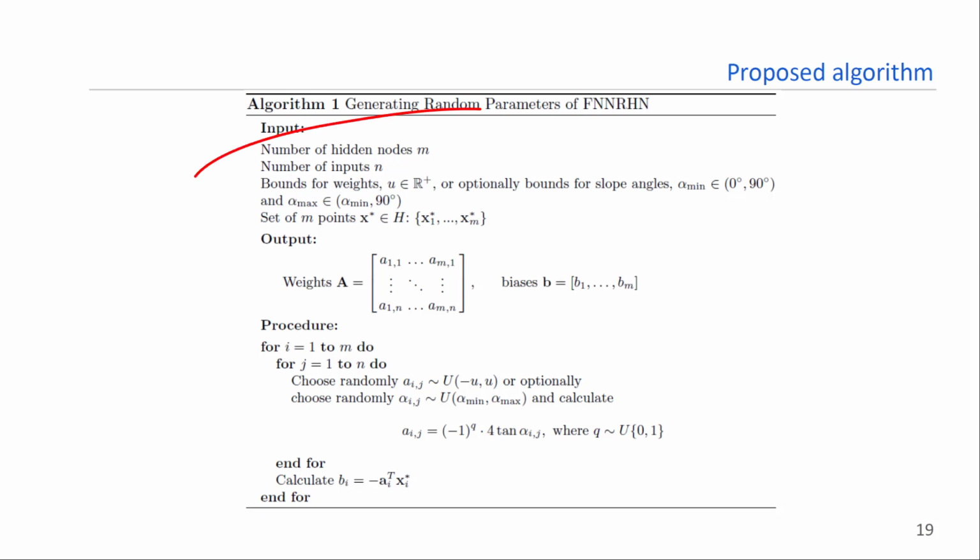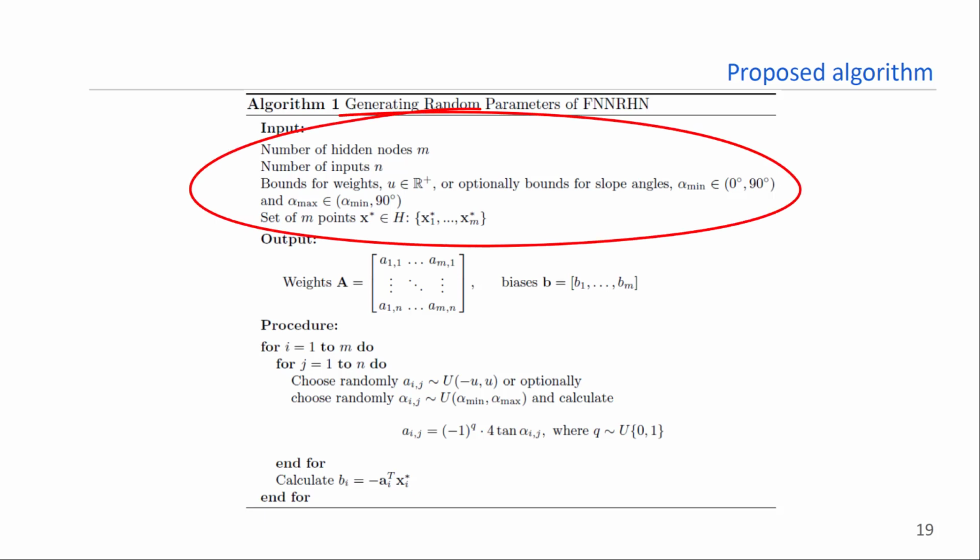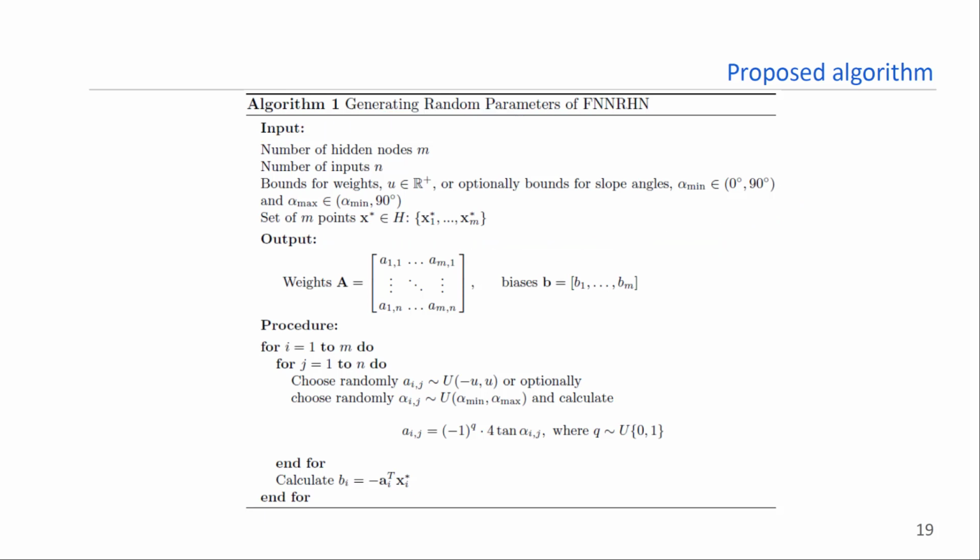The inputs are the number of hidden nodes m, the number of inputs n, bounds for weights or optionally bounds for slope angles, and a set of m points x asterisk. The outputs are the matrix of weights A and the vector of biases B.